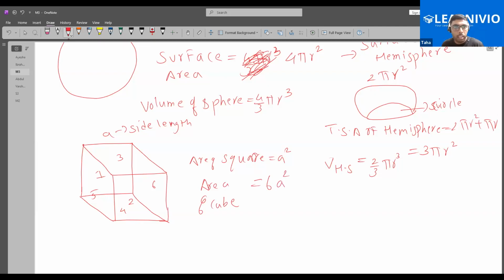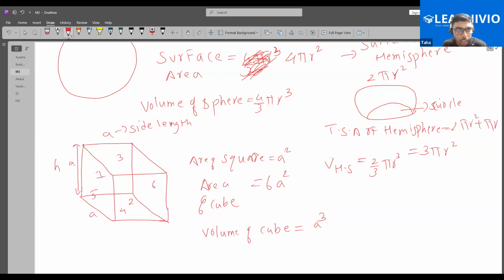Okay. And similarly, the volume of a cube is 6a³, right? Or is it? No, it's just a³. Why is it a³? We can understand that intuitively because, since it's a cube, all the sides are going to be of the same length. Over here, this component is the height of the cube.